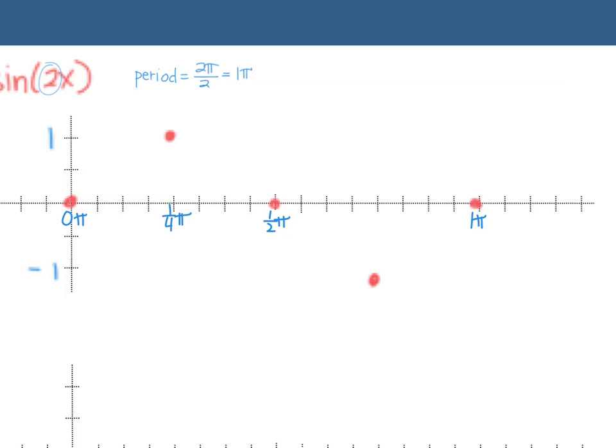Which only leaves me one more thing to label, which is my dip, my lowest point. And a good rule of thumb is that that is 3 times this number right here. Whatever you put there, this one is 3 times that. And so you just multiply that by 3 or triple it, and so we have 3/4. And this is the labeling for this cycle. So 3/4 pi.